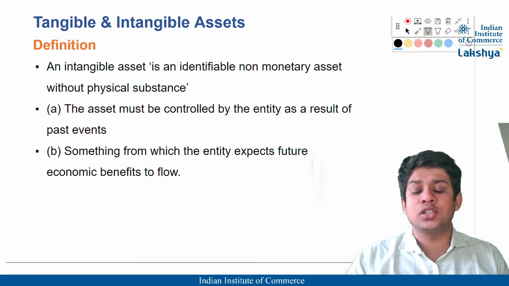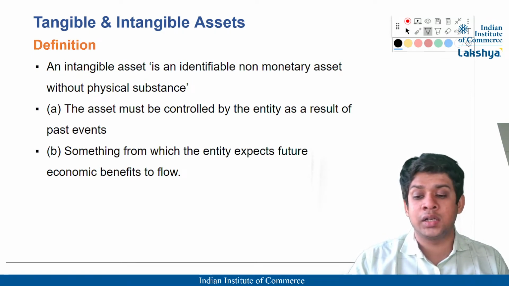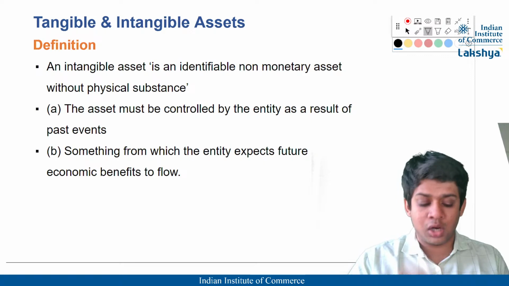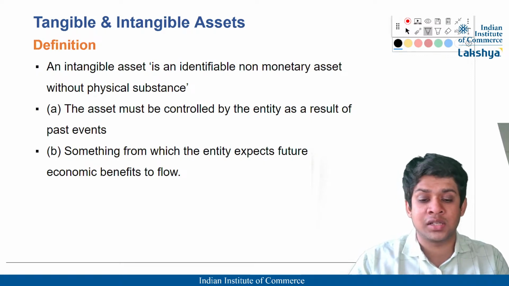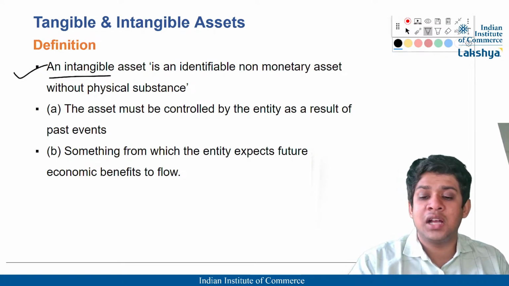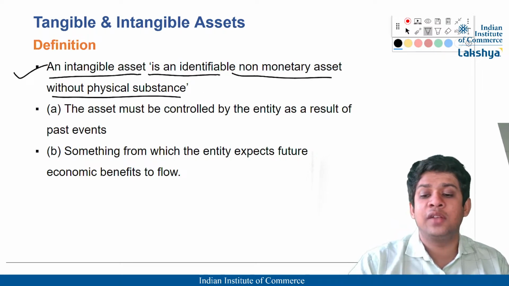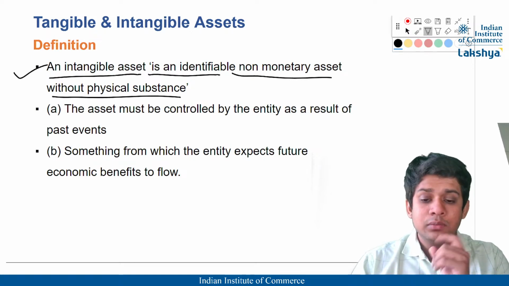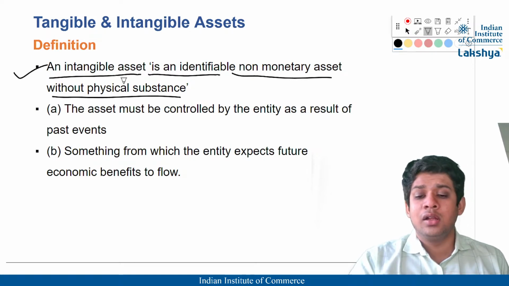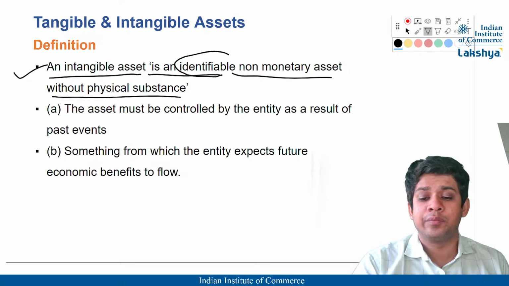Now, firstly, let us look at the definition as per IAS 38, that what is actually defined as an intangible asset. An intangible asset is an identifiable non-monetary asset without any physical substance. Firstly, it is identifiable.